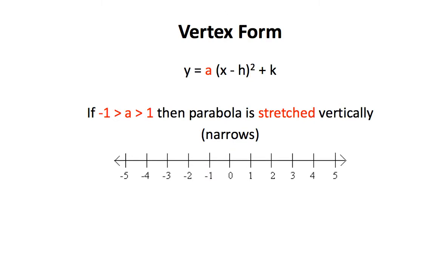If a is less than -1 or greater than 1, then the parabola is stretched vertically. In other words, it narrows. What exactly does this mean? Well, if a is less than -1, it's going to be somewhere over here. And if a is greater than +1, it's going to be somewhere over there.